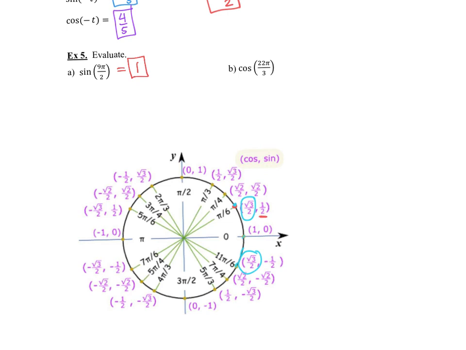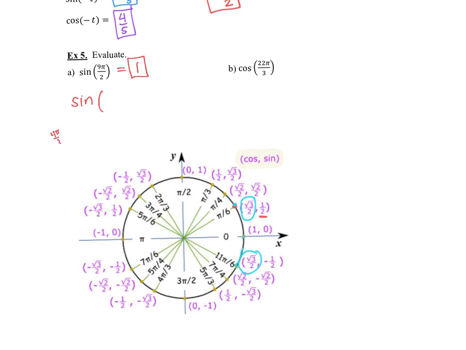Okay, the other way would be to know that this is a periodic function. So I went around way too many loops here. I want to figure out how many extra loops I went around. Okay, so let me think. Let's see, each period is 2 pi, which is like 4 pi over 2.